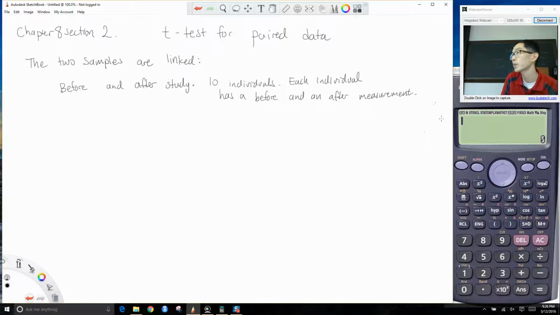We want to take into account the fact that these measurements are linked, and we don't want to treat them as independent samples.